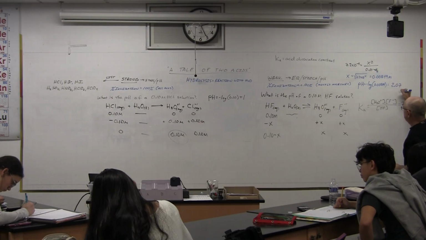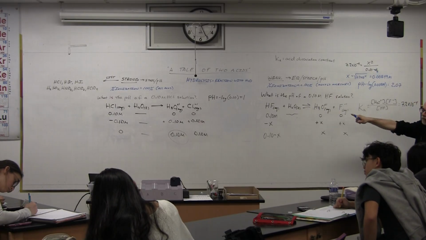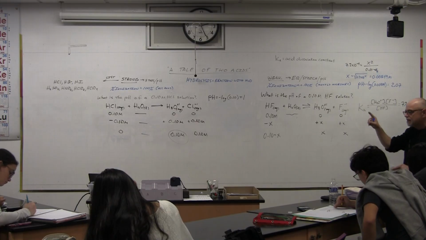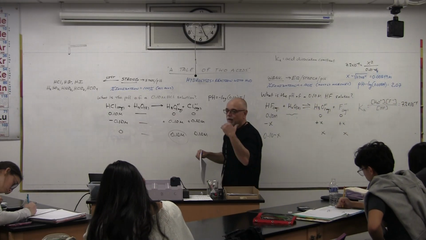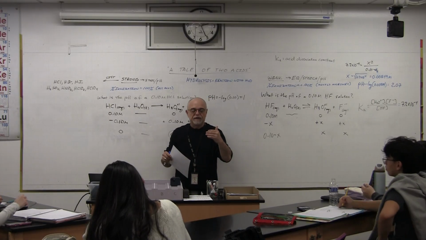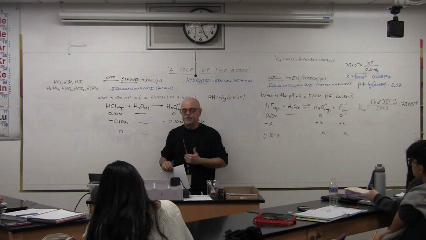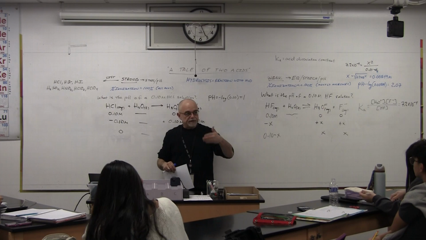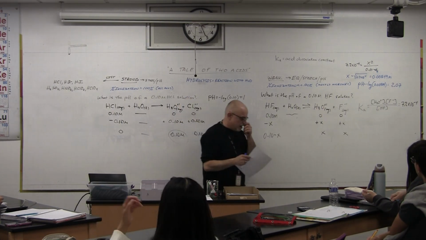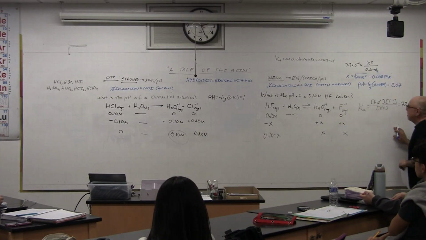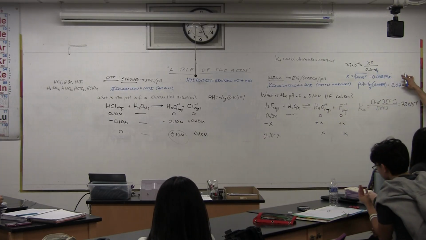Now, that doesn't seem like a lot compared to 1, but remember, this is a power of 10 base scale to pH scale. Every time you go up by 1 pH unit, that's 10 times difference in the hydrogen concentration. So if you change by 2 pH units, that's 100 times. It's powers of 10. Now, another thing we want to ask is, what if we had solved this without the assumption?